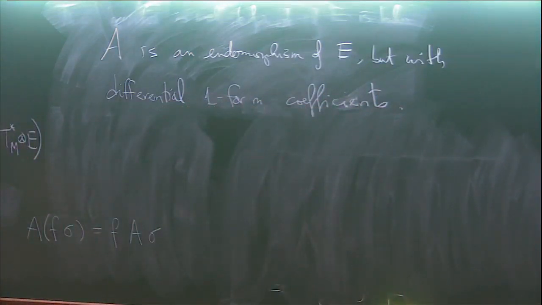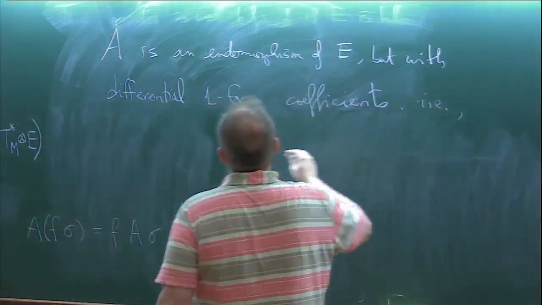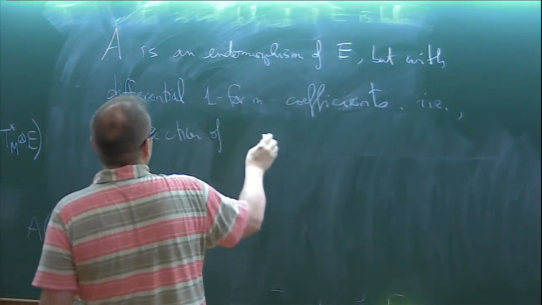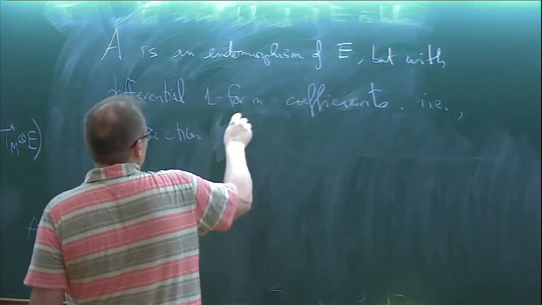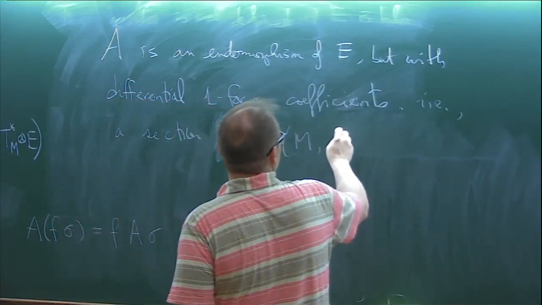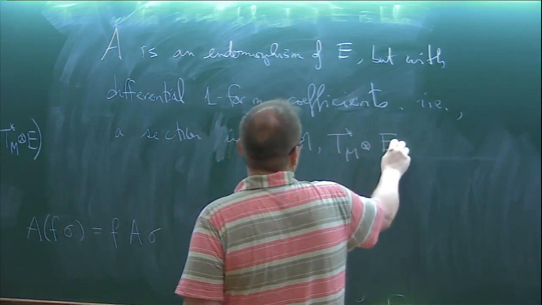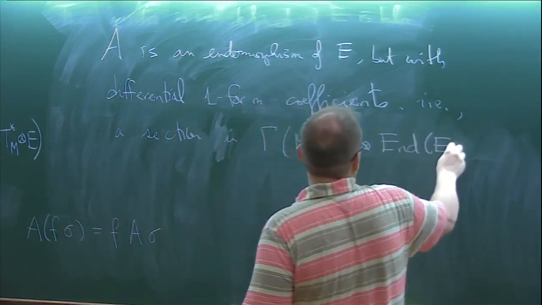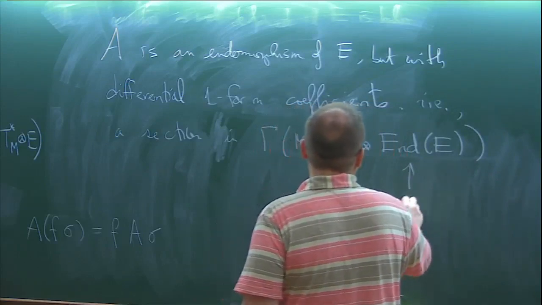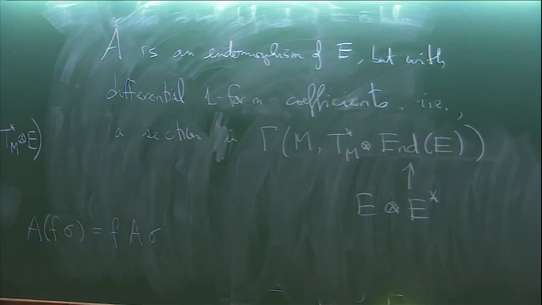In other words, it's a section, i.e. a section in gamma of this, which will be T star M tensor the endomorphism bundle of E. And this endomorphism bundle is just E tensor E star, linear maps from E to E. Okay?